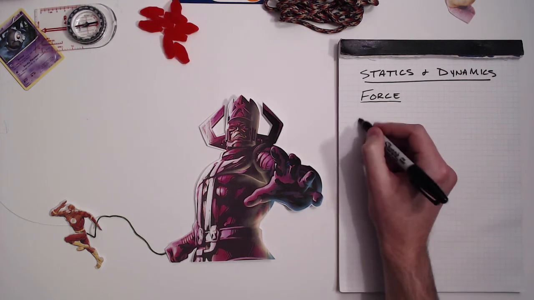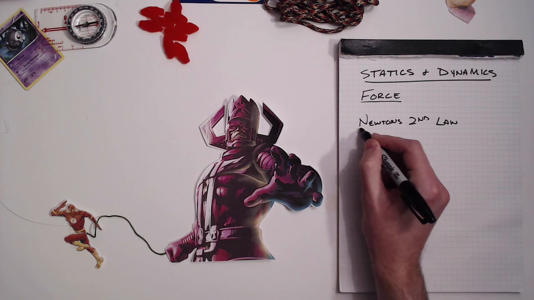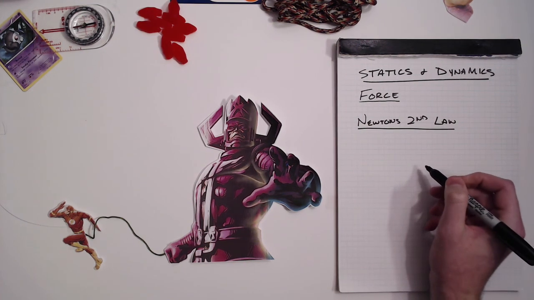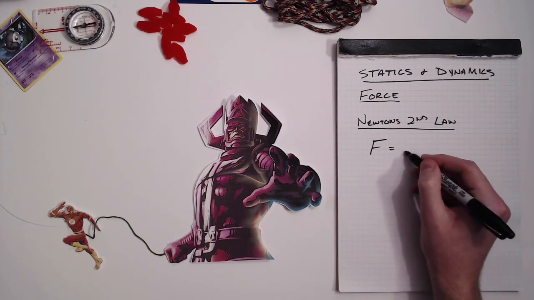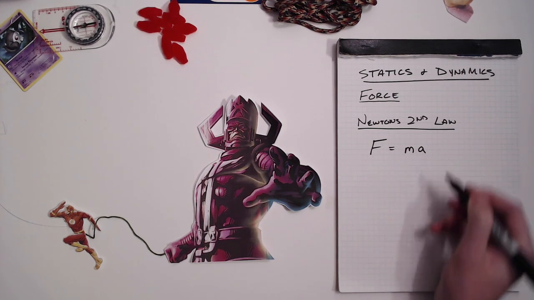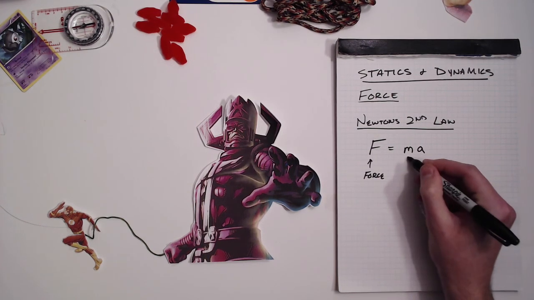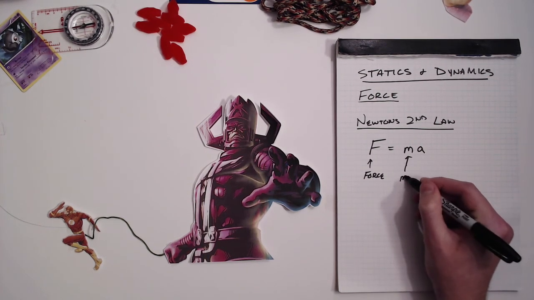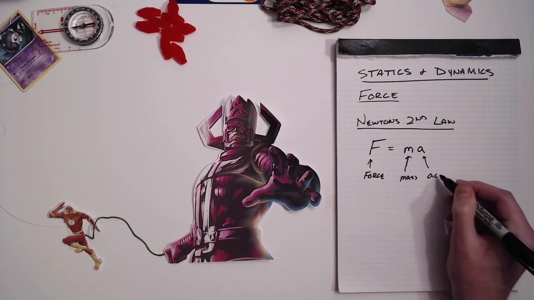So Newton's second law, we'll learn about the other two later. But Newton's second law can be written as an equation, and it goes like this. F is equal to ma. So F is naturally the force, m is the mass, and a stands for acceleration.